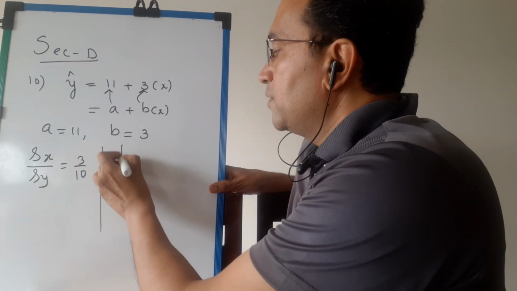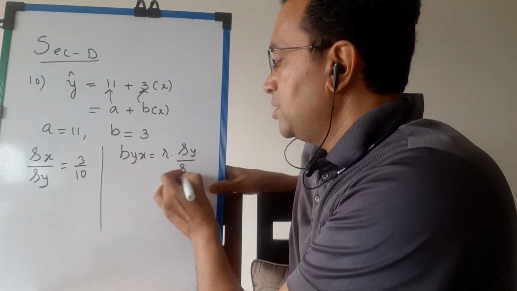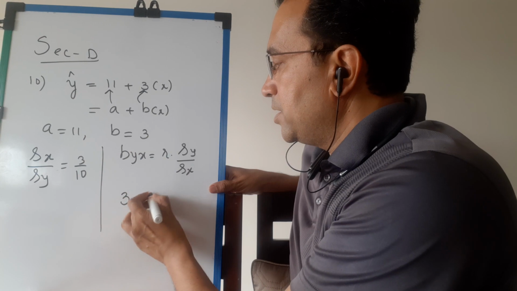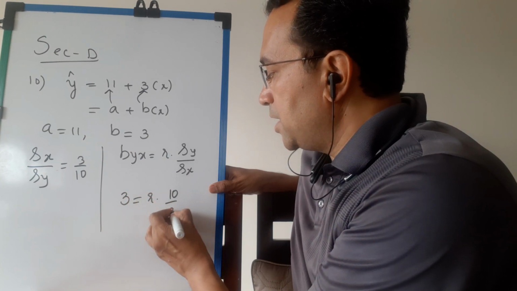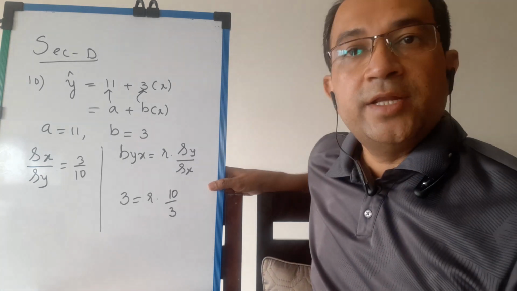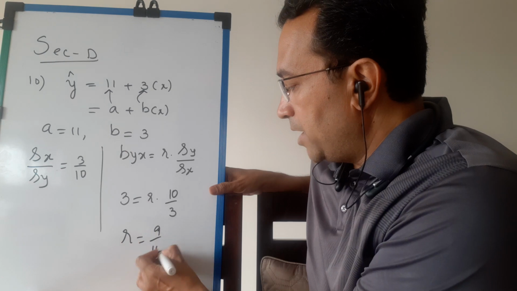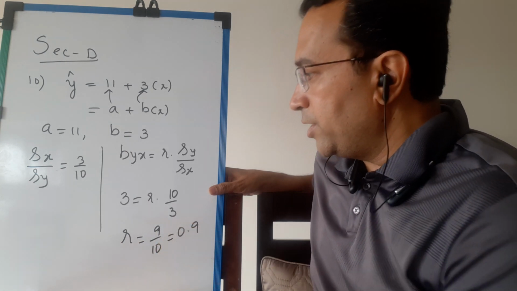Now students, we have the formula byx is equal to r into Sy upon Sx. b is 3, r is unknown, and Sy upon Sx becomes 10 by 3. Sx upon Sy is 3 by 10, so Sy upon Sx will be 10 by 3. So r will be 9 by 10. How much? 0.9.